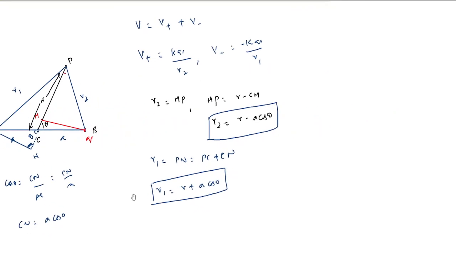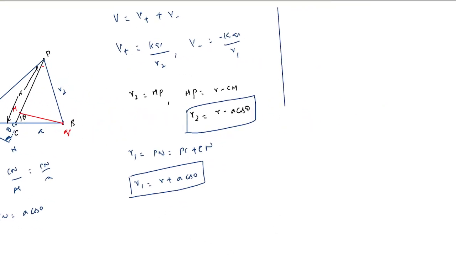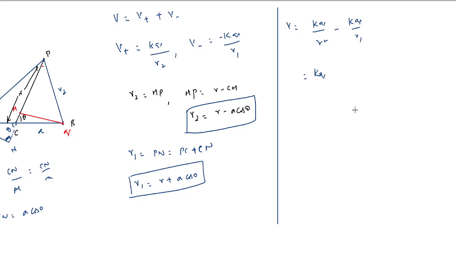Let's put them back in the expression and see what we get. V is equal to KQ by R2 minus KQ by R1. From here KQ is common. It's 1 by R2 minus 1 by R1. That is KQ times 1 by (R minus a cos theta) minus 1 by (R plus a cos theta).